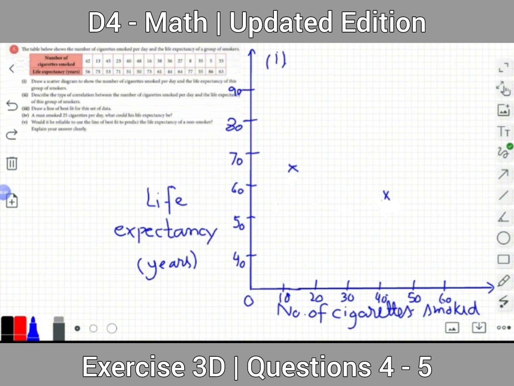For 45 here we have somewhere here 45, and 53 lies somewhere here.